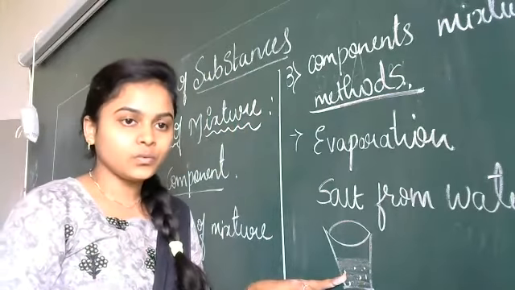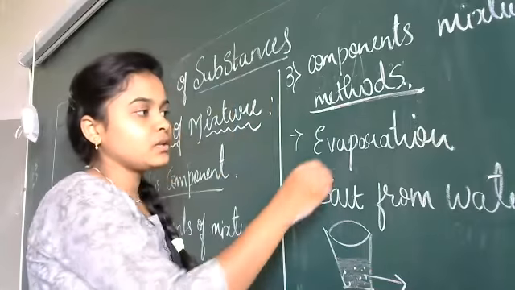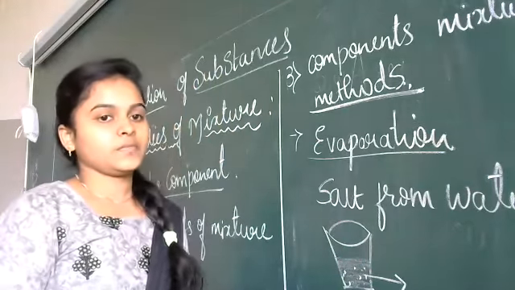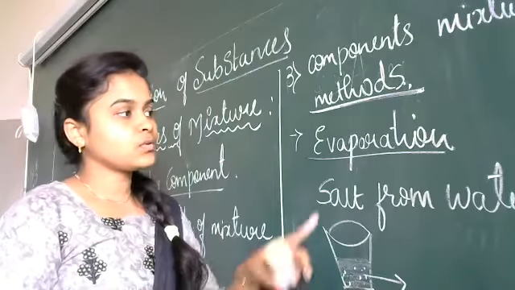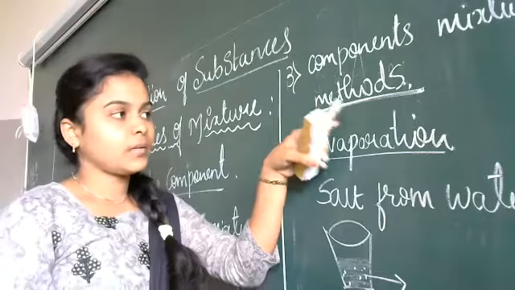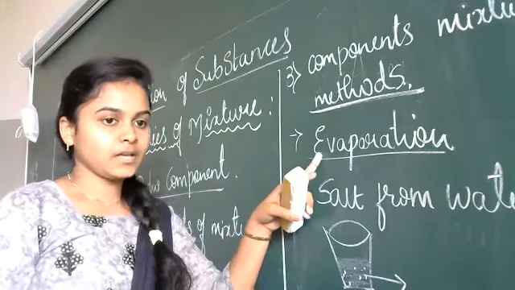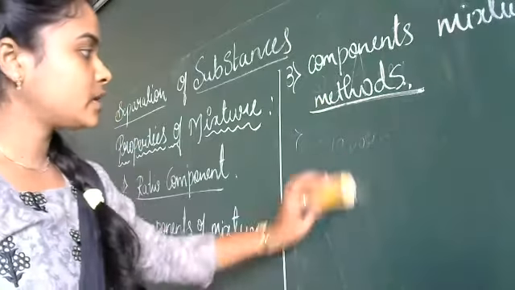If we want to separate that salt from the water, we can use which method? That is the evaporation method. So in order to separate the components of any mixture, we use some methods. Among them, one is the evaporation method, right? So this is the third property of mixture.